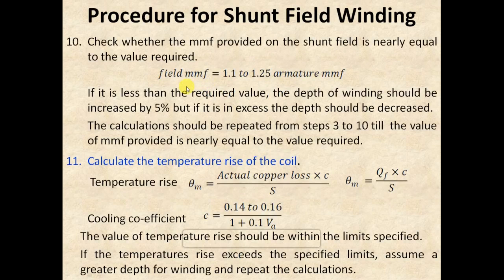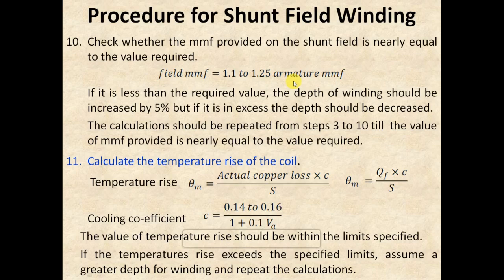Next check is you have to see if the field MMF is 10 to 25% greater than the armature MMF. If it's not, then you have to increase the value of depth of the field coil by 5% and you have to repeat all the steps from 3 to 10 till this condition is achieved.